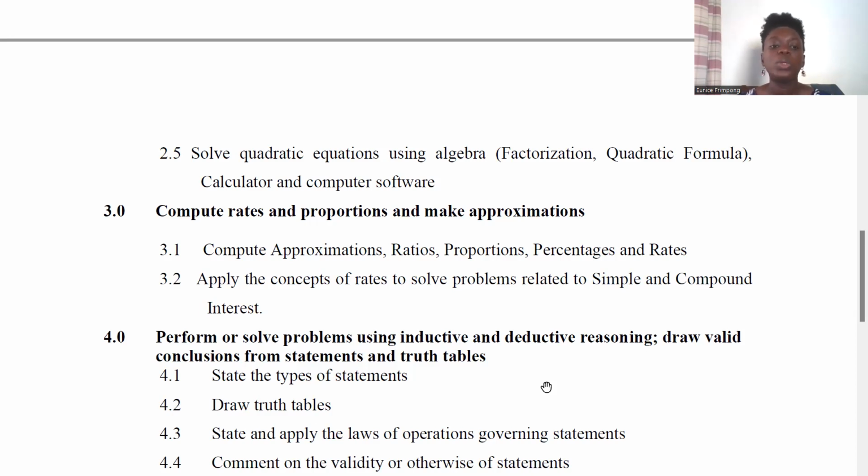The third part will lead us to compute rates and proportions and make approximations. So we want to compute measures such as ratios, proportions, percentages, and rates. And we'll also apply the concepts of these rates we will learn to solve problems related to simple and compound interest.